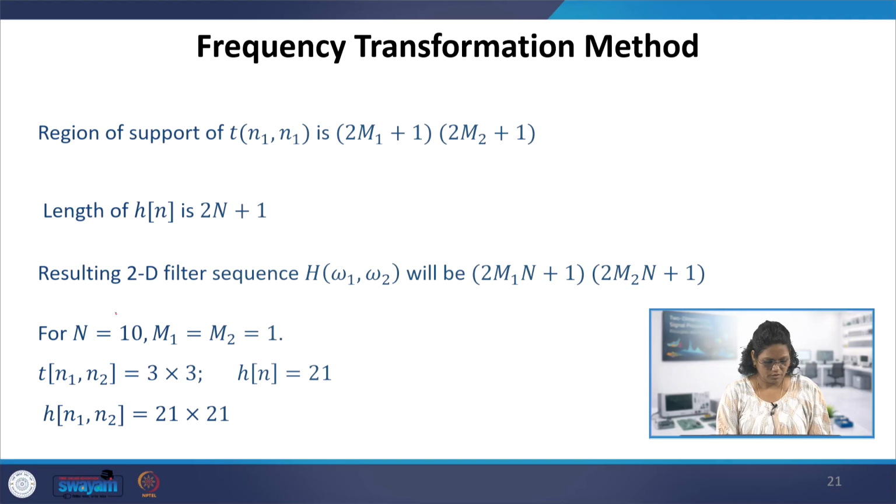So for N equal to 10 and m1, m2 equal to 1, the region of support of the transformation function T of n1 comma n2 is 3 by 3, and h of n1 comma n2 is 21 cross 21 coefficients, because of 2N plus 1. So the 1D filter length N and the transformation function together decide the coefficient length.